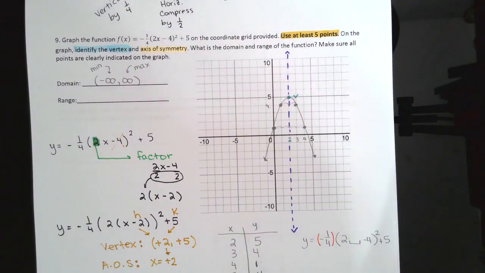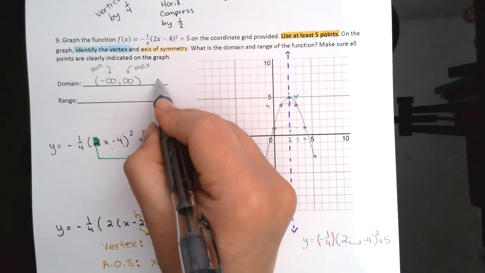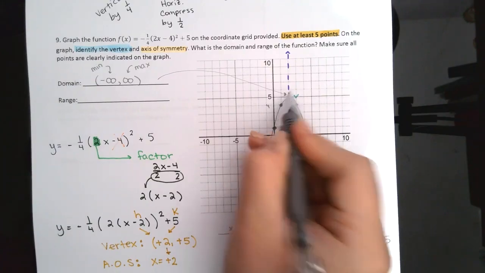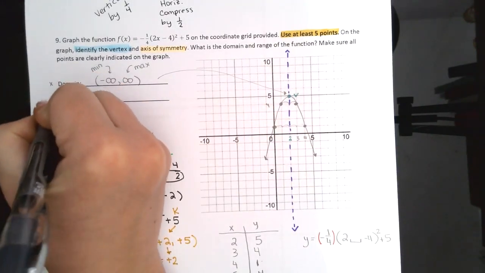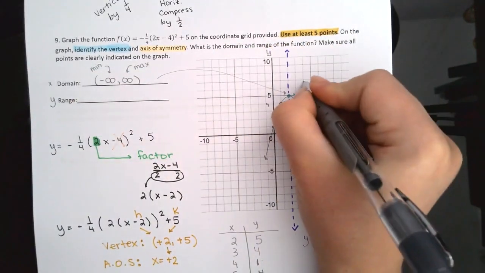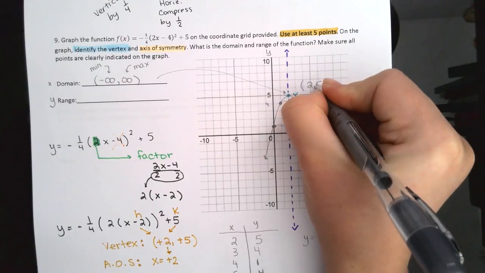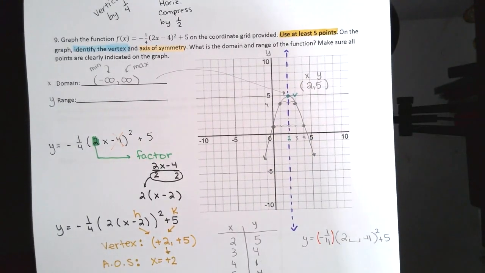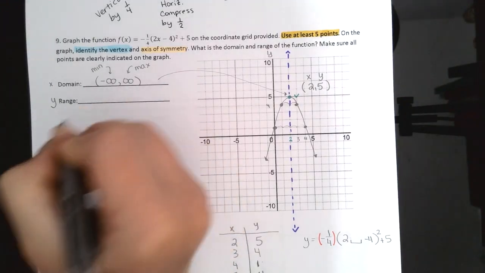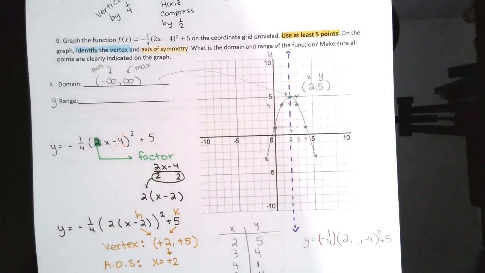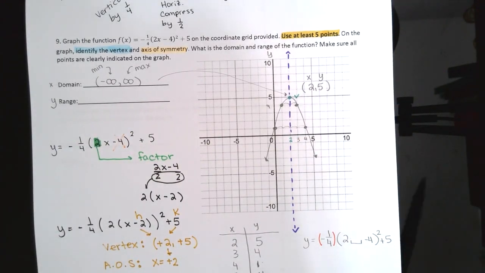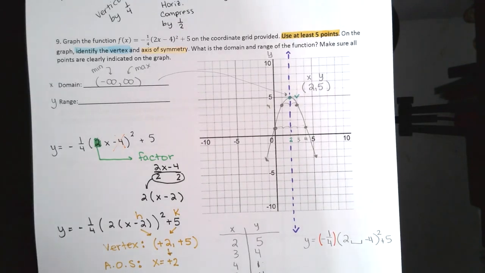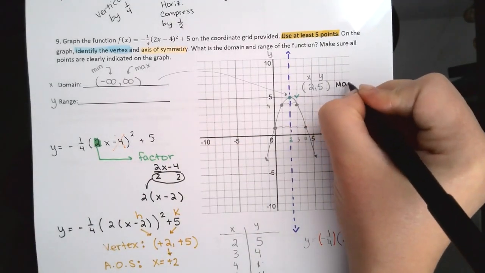Now your range is dependent on your vertex. So you're going to take a look at your vertex, and we're specifically talking about y values. Here's your y value. Your vertex was 2, 5. So your x was 2, your y was 5. Do we have this vertex as a minimum value or a maximum value? Because we are going down, we have this as a max value.